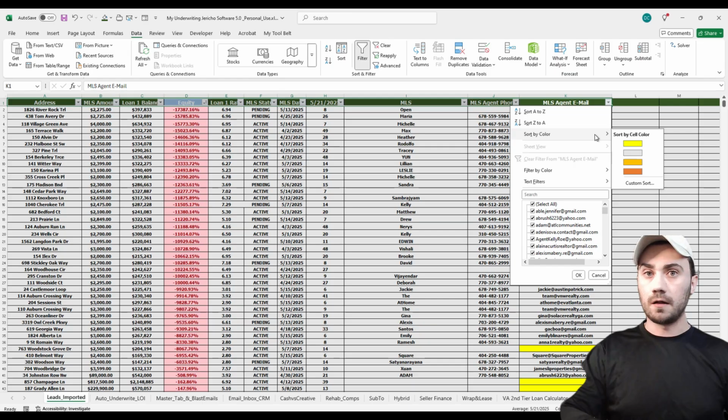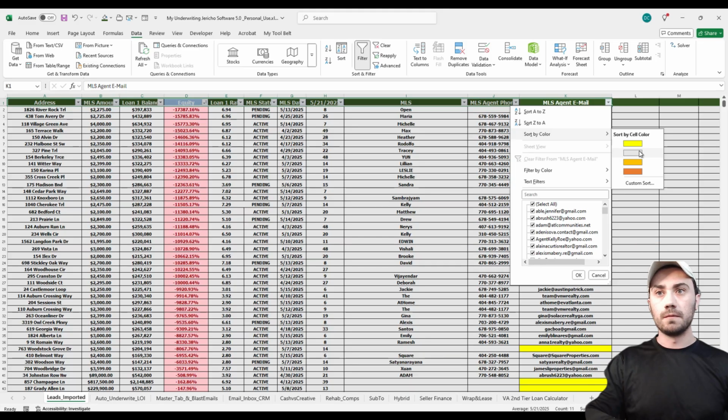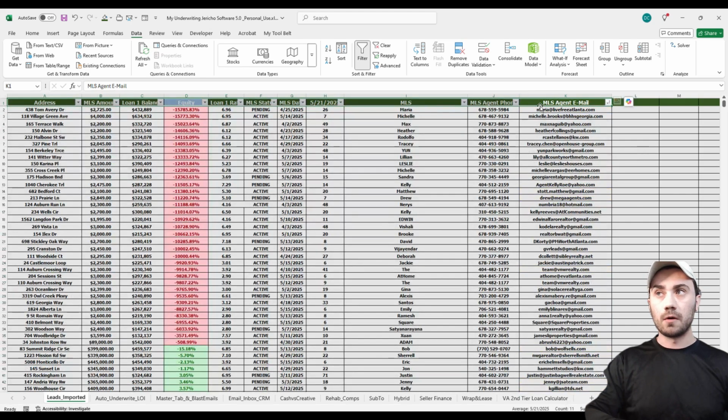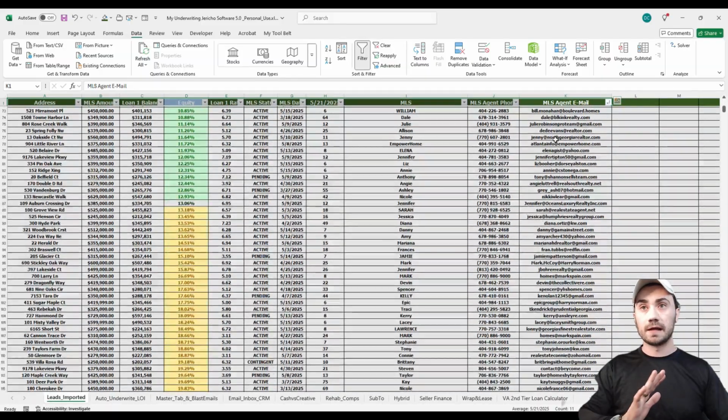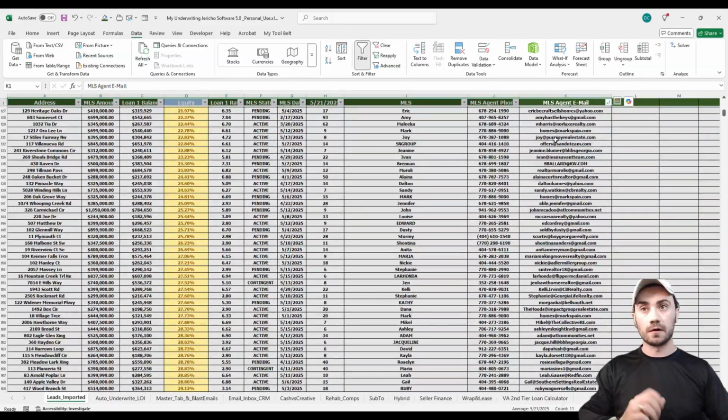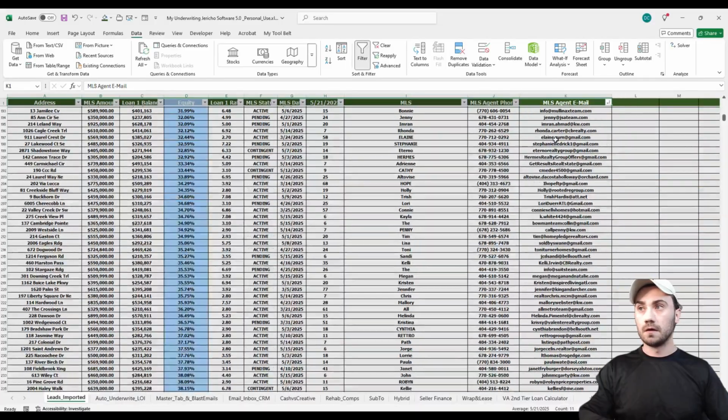So when we sort it by color, the email addresses that are in the default color background of gray are going to be present at the top of the spreadsheet, and then the ones that are missing email addresses, which we can fill in later at any point in time, are going to be at the bottom of our spreadsheet. So I'm going to sort it now by gray. So now we have a nice clean spreadsheet that we can start doing an auto underwrite for our properties.